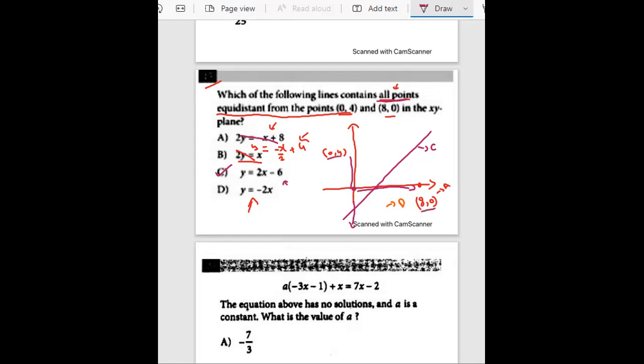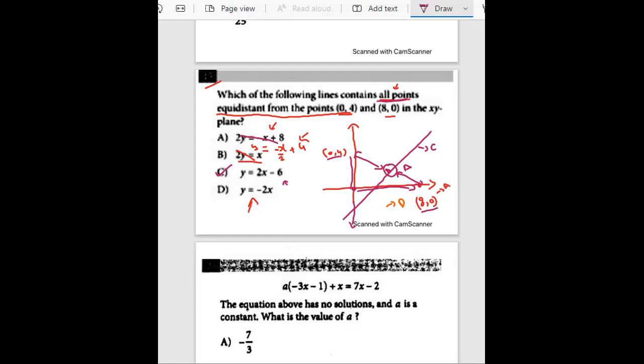For example, if there's a point A that is equidistant from (0, 4) and (8, 0), this point would be somewhere here. This would be A. And now if I measure the distance to (0, 4) and to (8, 0), it is going to be the same, right? This is what equidistant means. Equal distance.